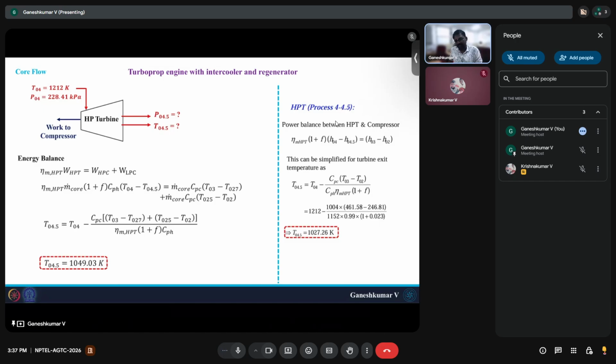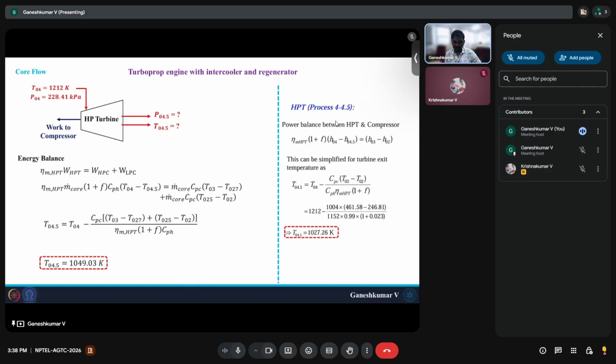The reason is that the work done in the HP compressor is slightly lower because of the intercooler, so the work extracted is lower and the temperature at the HP turbine exit is slightly higher. That's why you see around a 20 Kelvin difference from what we solved in the lecture and what we are getting here.